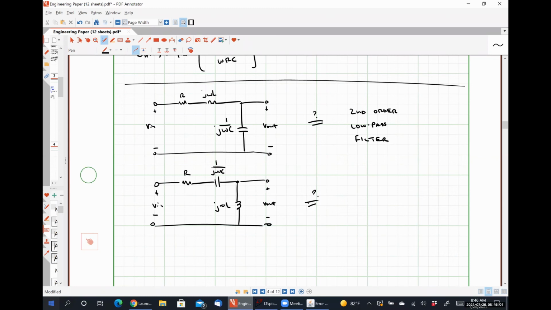At very low frequencies, the capacitor looks like an open circuit, so no signal will get passed through, and the voltage drop over the inductor will always be 0. At very high frequencies, the capacitor looks like a short circuit, the inductor looks like an open circuit, and so all of the signal gets passed through. So we have here a second order high pass filter.